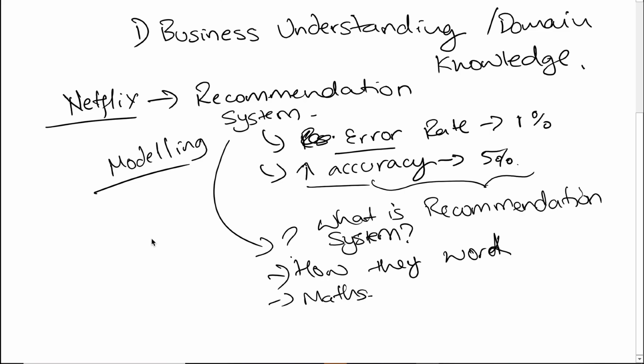So you need to basically get yourself familiarized with how recommendation systems really work, and this is what the first step of the KDD process really deals with. It deals with business understanding, it deals with domain knowledge, and this is just a basic example of an e-commerce platform that recommends movies, or it's a movie platform.